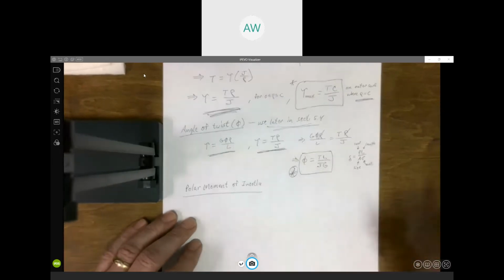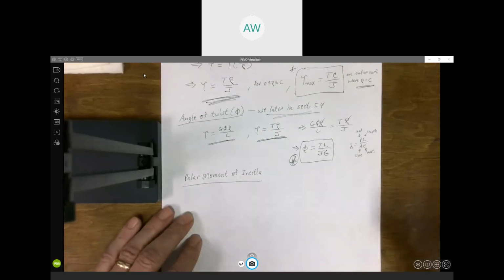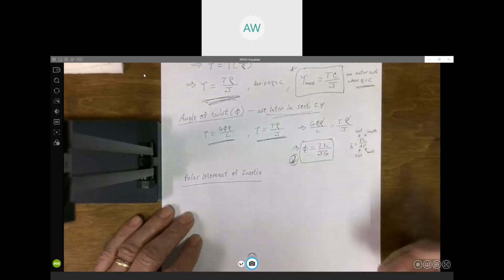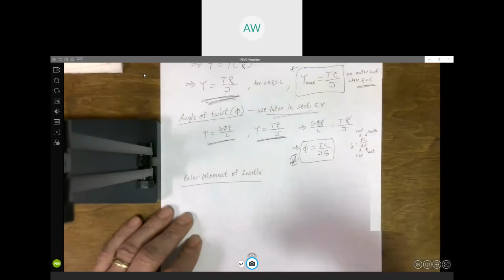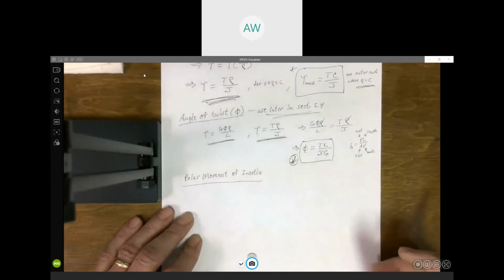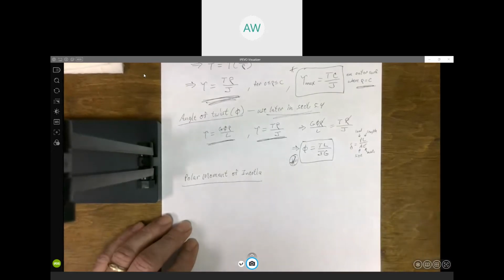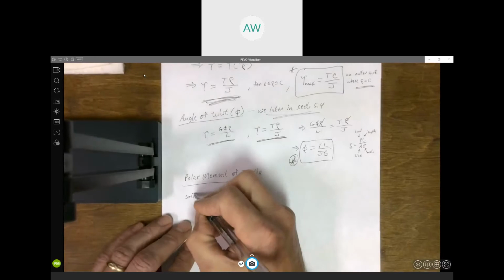It's really not that complicated to derive, but here, I don't see where it would be of great benefit to go through and derive this. I'm just going to give you the formula. Again, you can look it up if you don't believe me in one of those tables that have moments of inertia. Somebody took a circle and went through and did the integration. And this is what you get.